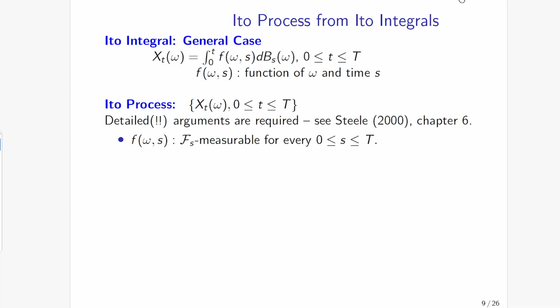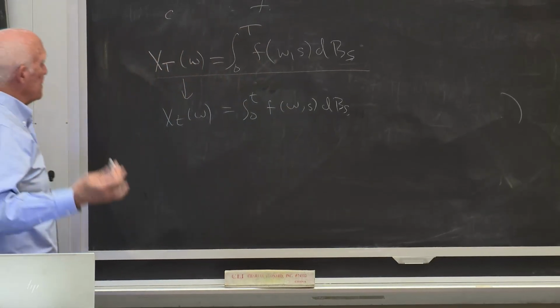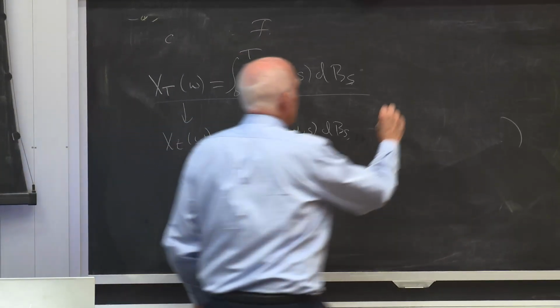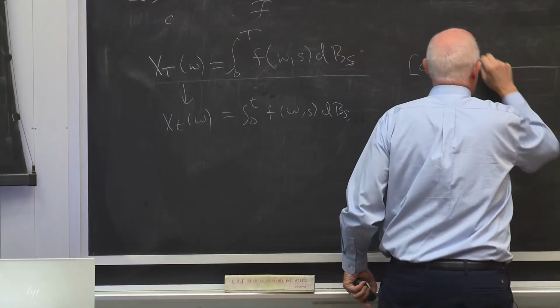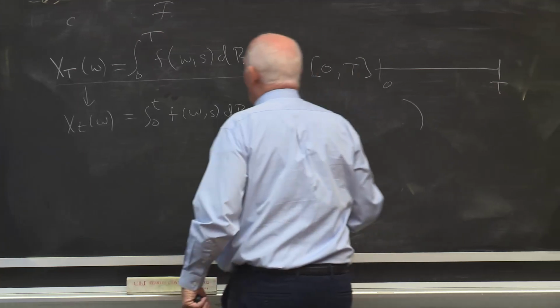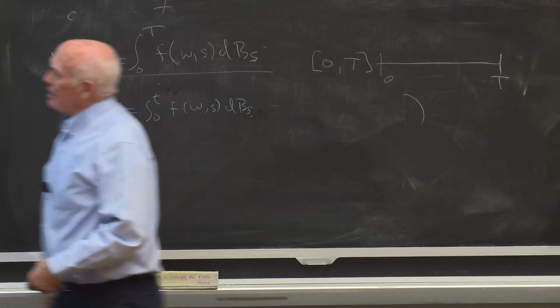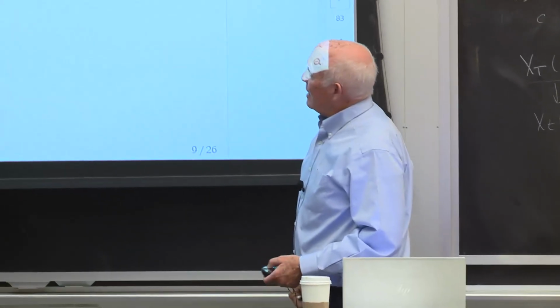Once we have this definition for the Ito integral over a fixed interval from 0 to t, we want to be able to define the Ito integral where we're integrating only up to time little t less than capital T.